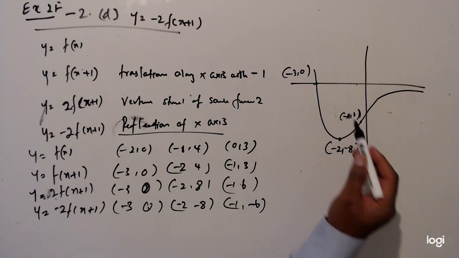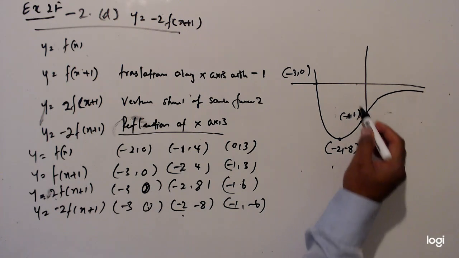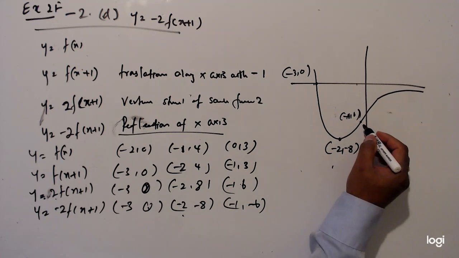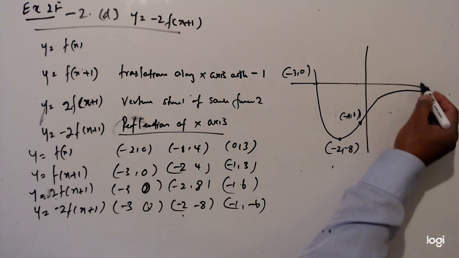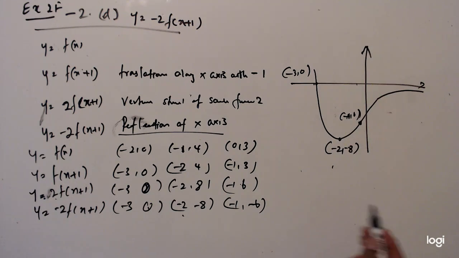This is minus 3, 0, minus 2, 8, minus 1, minus 6 somewhere here. So this is the graph.